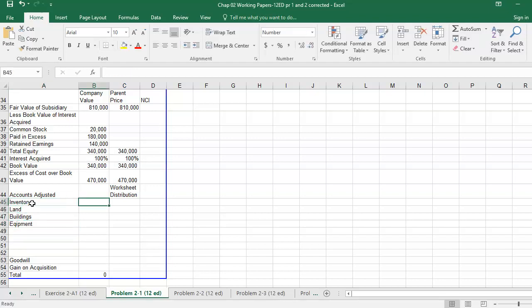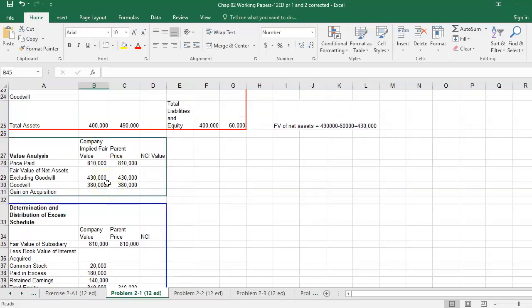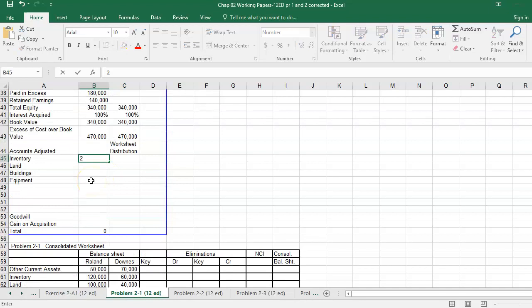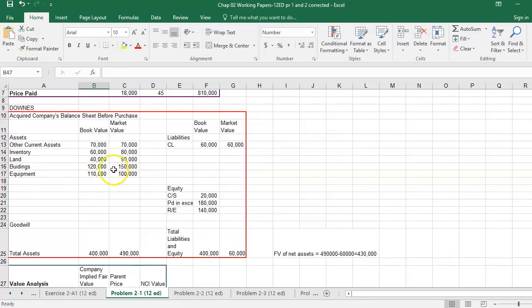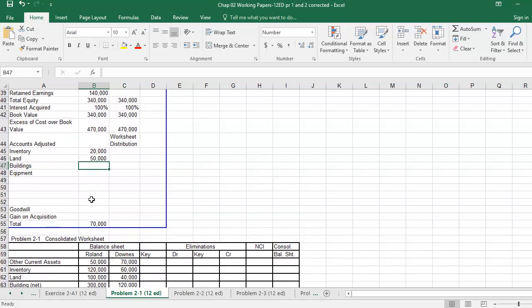And you're going to put the amount of the adjustment. So inventory went up by 20, land went up by 50. All right, buildings went up by 30 and equipment went down by 10.